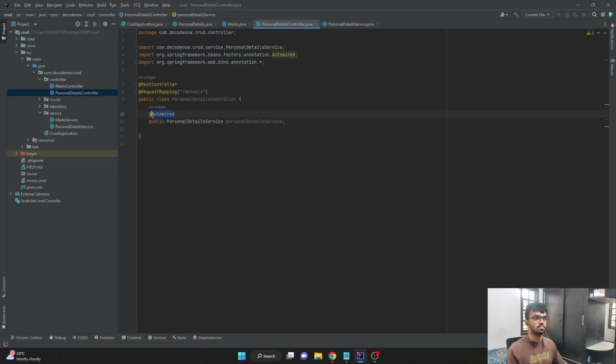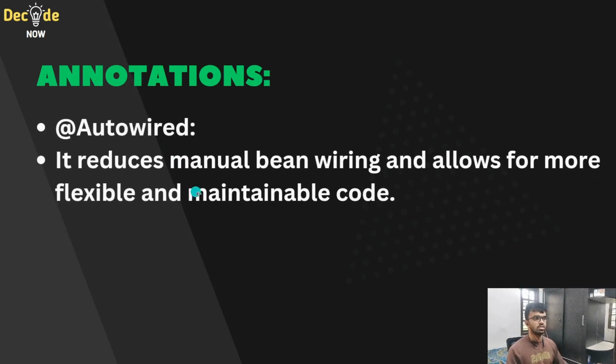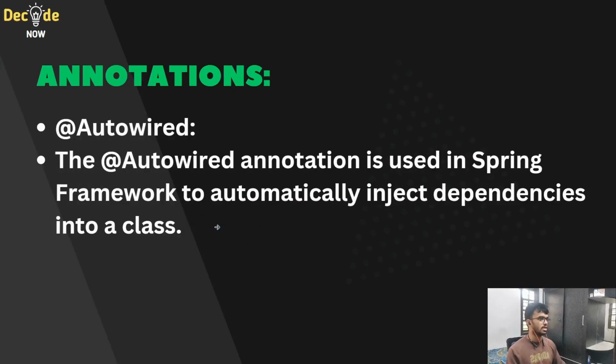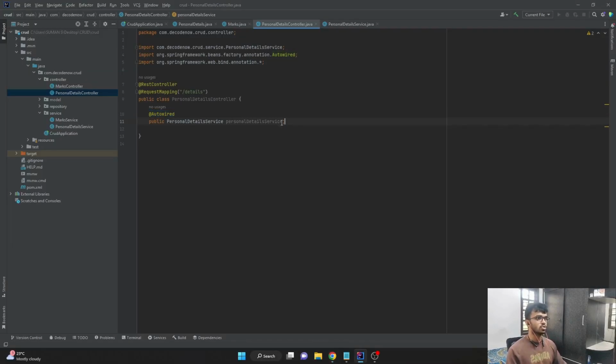So that is the power of this annotation, @Autowired. It reduces the manual bean wiring and allows for more flexible and maintainable code. So all those manual bean wiring code and the extra stuff is now reduced. It's hassle free, and now we can just mention this auto-wired annotation and everything will be automatically injected within the class. So now we have the personal details service auto-wired in the controller class.